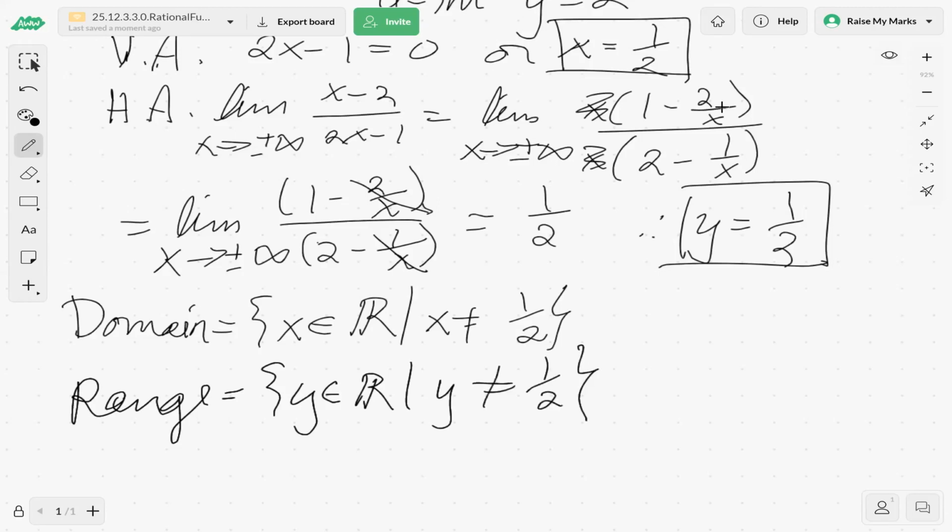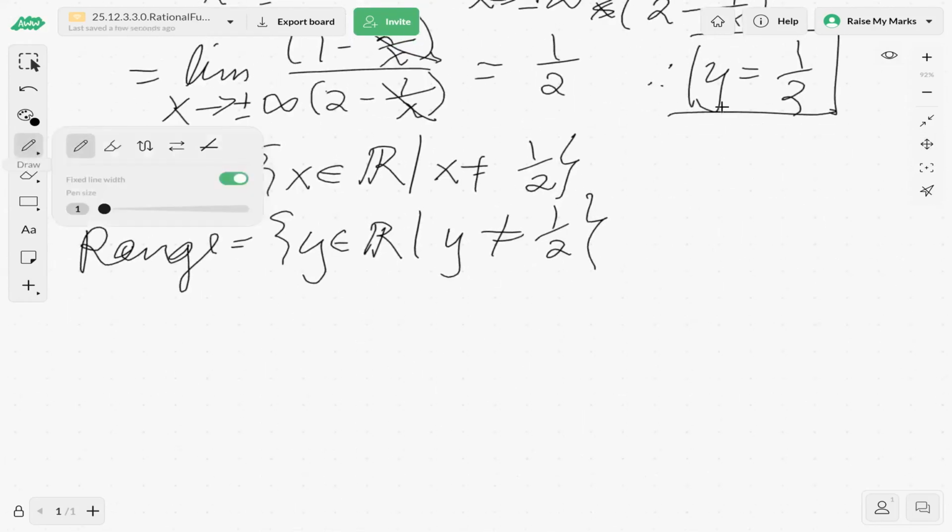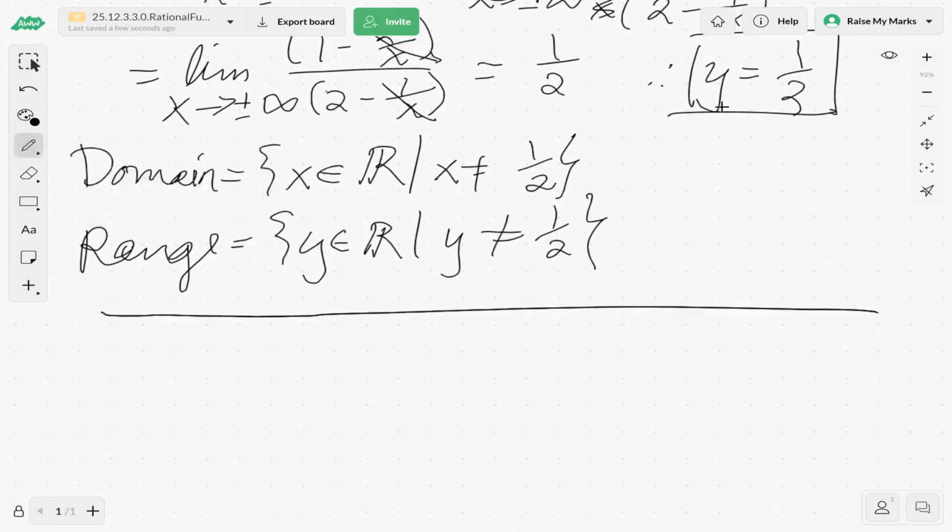Okay. So what else do we need? We need the intervals when our function is positive or negative. So let's take our real line and divide it up. So points of interest are 1/2.